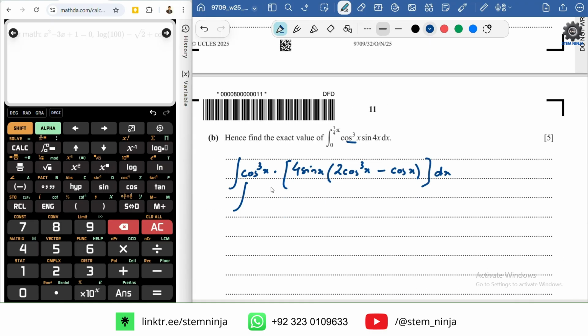Right, so let's simplify this before we go on. So this is 4 times (2 sine x cos to the power 6 x, and then 4 sine x cos to the power 4 x) dx. One power is 6, the other is 4.